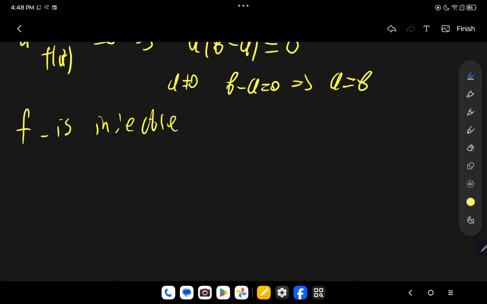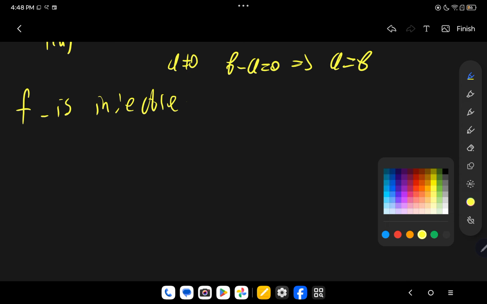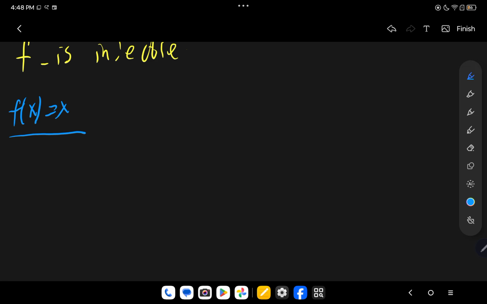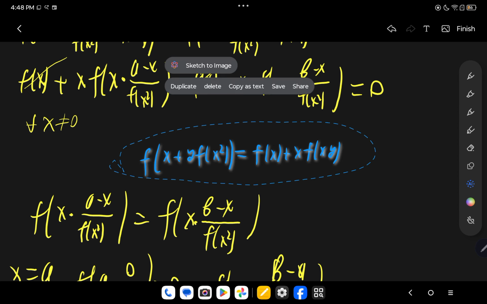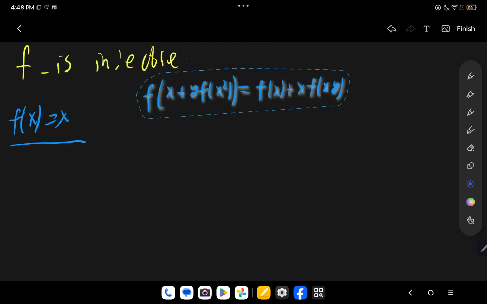Now, to finish this problem, we will also prove that f(x) is equal to x. Copy this down here.